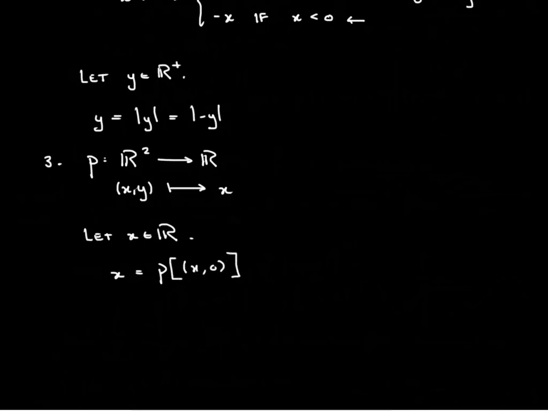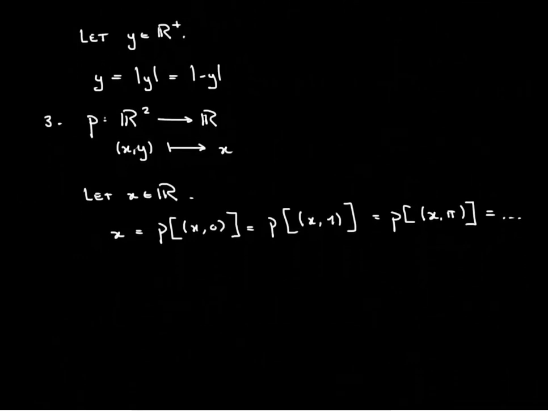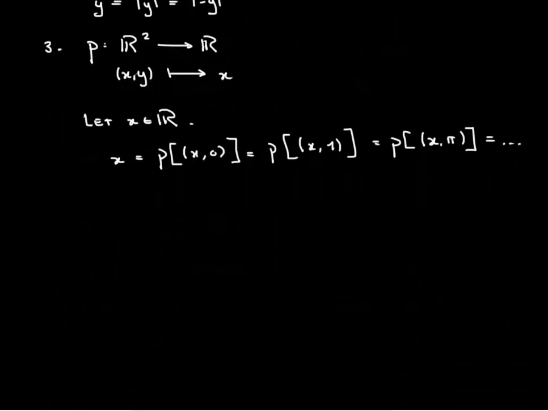We can take x and anything. Okay, so x and 1, x and any other real number. You can even take x and pi. Really doesn't matter. We have an infinite amount of preimages in this case. So the projection is also a surjection.